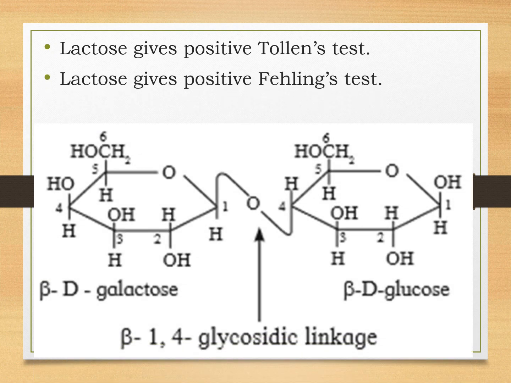So students, in this structure you can see that the C1 carbon atom has the hemiacetal group free, and that is why it is a reducing sugar. And as it is a reducing sugar, lactose will give a positive test for Tollens' and Fehling's reagent.